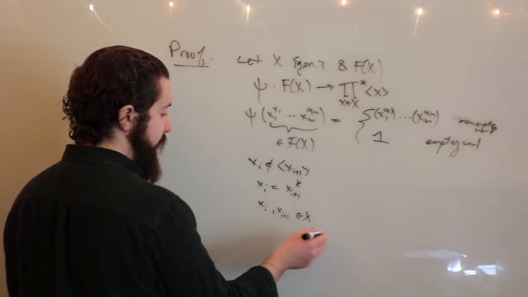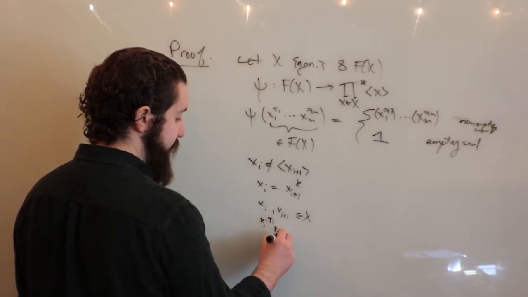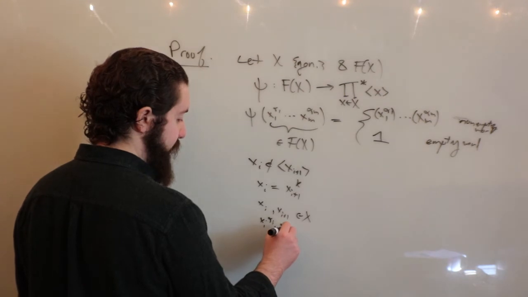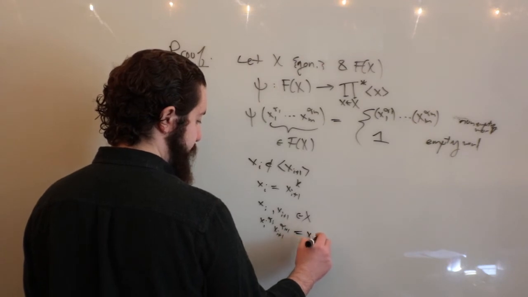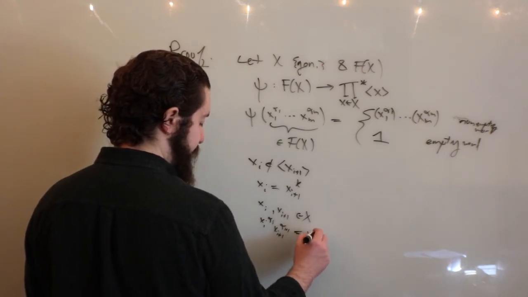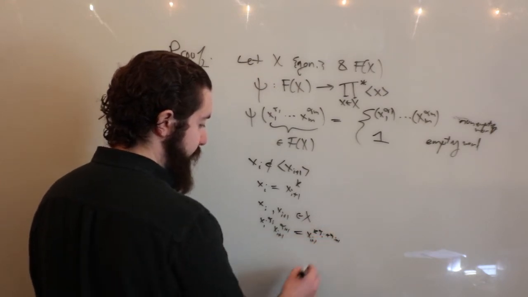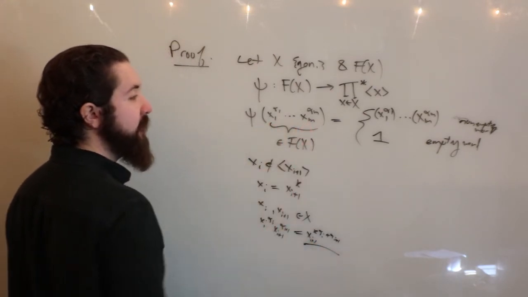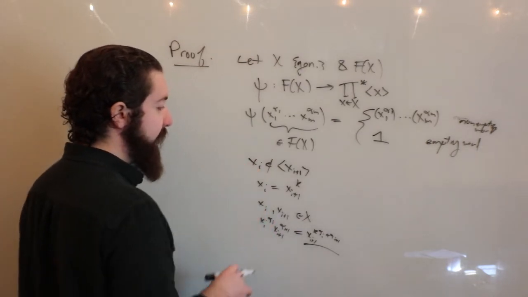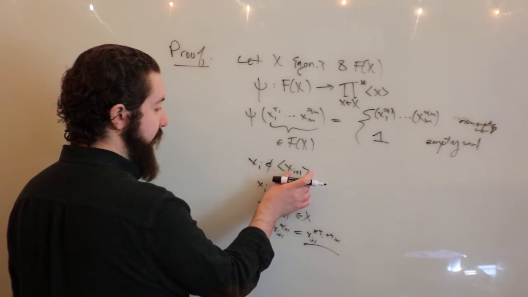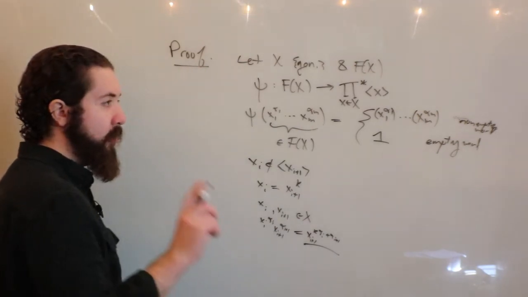Because we could write x sub i to the alpha i times x sub i plus 1 to the alpha sub i plus 1 as x sub i plus 1 to the k alpha i plus alpha sub i plus 1, right? But by the assumption that this word is already completely reduced, we do not get this case, and x sub i is not going to be in the cyclic group generated by the adjacent element in this word. Okay, so we have one condition satisfied.